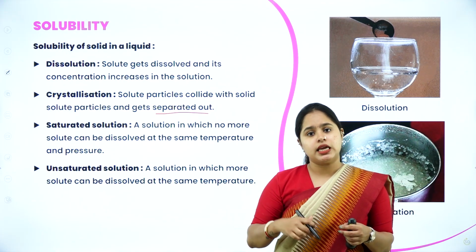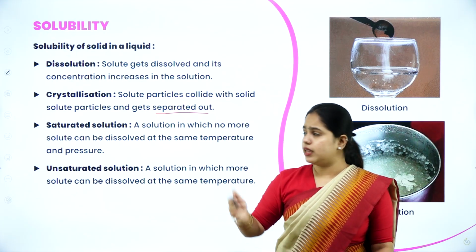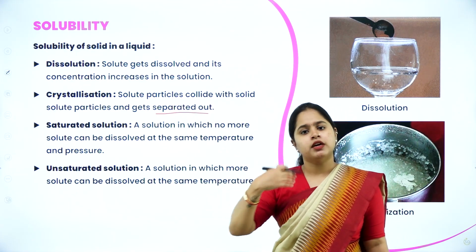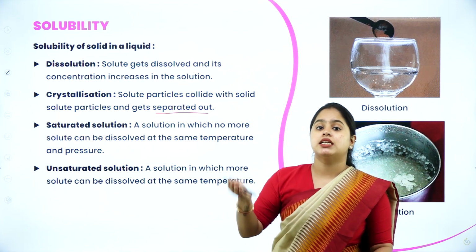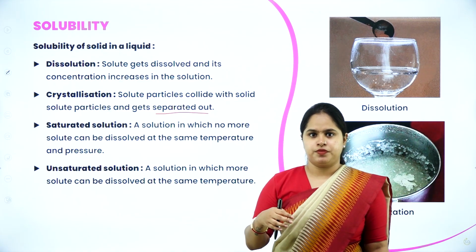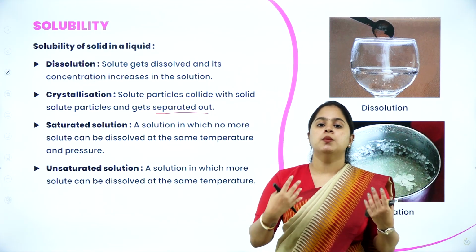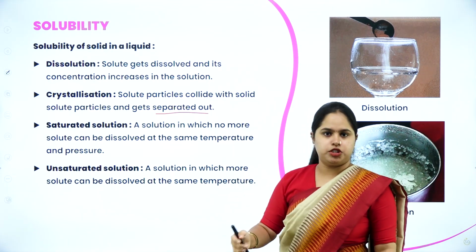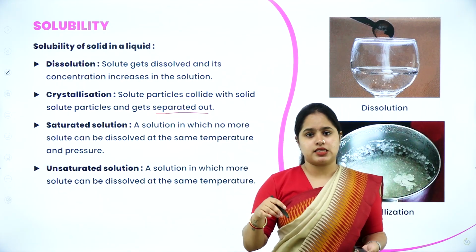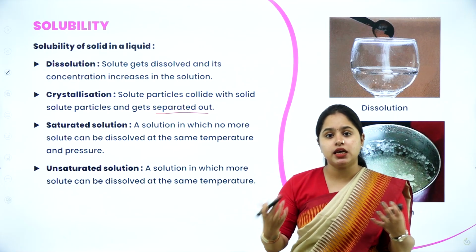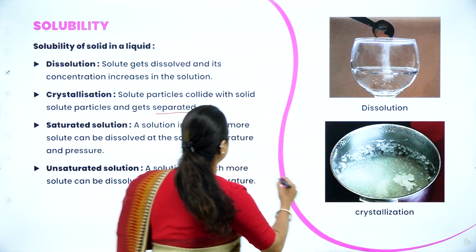So in the beginning, the solute gets dissolved. That process is called dissolution, which increases the concentration of the solution. But later, the crystallization process happens, because now it can't be more soluble in the solution. So when these two processes, dissolution and crystallization, are happening at an equal rate, what happens?